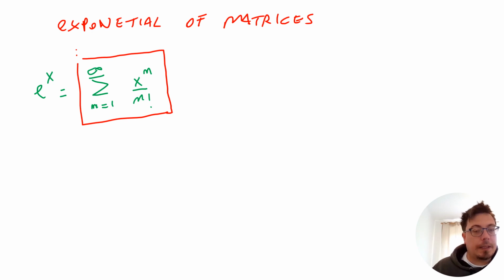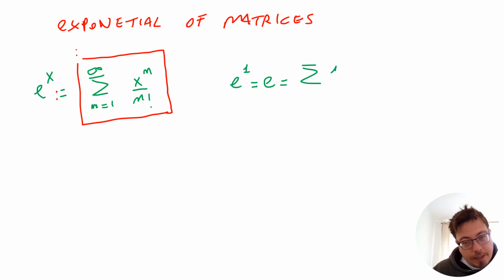For the moment, we use this as a definition of e to the x, and in fact we started with the definition of e to the 1, which was e, the irrational number, where you sum 1 over n factorial for n from 1 to infinity. Okay, so this is just a recap.